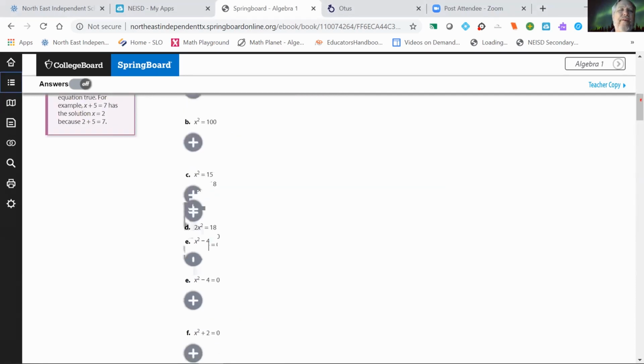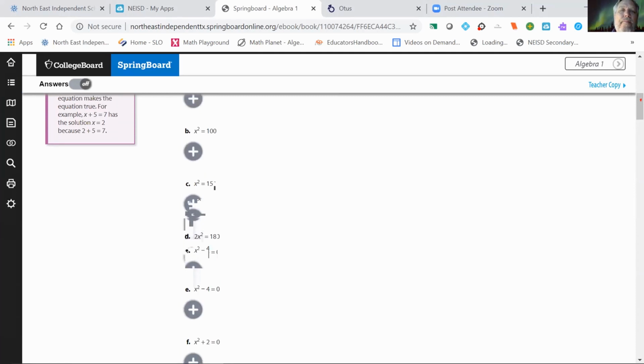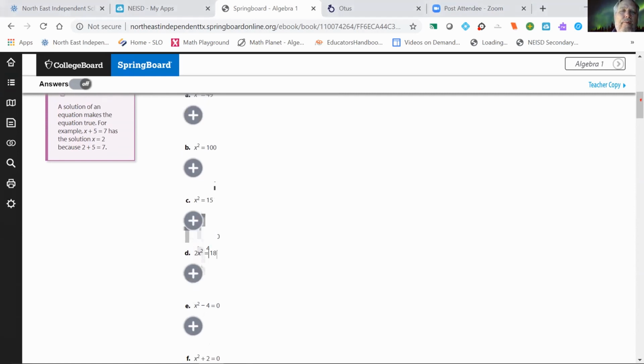So how can we think about, what number times itself equals 15? It's kind of hard to think about numbers, so we just think about what we have to do. We're thinking about x squared, and we want to make that x. In order to do that, we take the square root of it, because the opposite of squaring something is the square root.